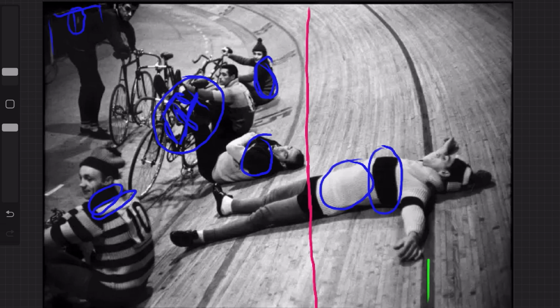Now let's move on to horizontal and vertical lines. I'm excited about this one because there's a lot going on here. So first we have this beautiful vertical line, and we've got this guy who is keeping the vertical line going, in a sense. Even though he's not right on it, he's keeping the vertical line going.